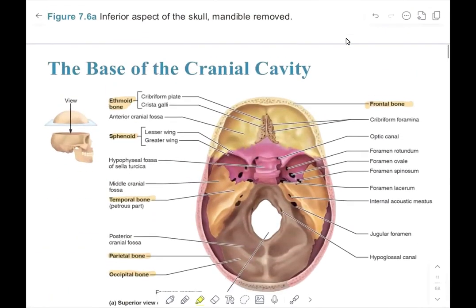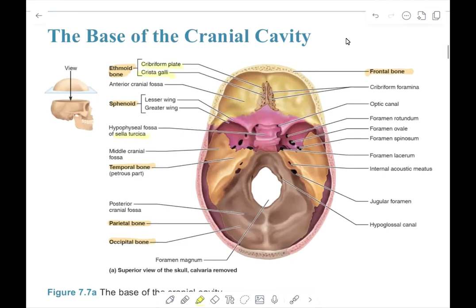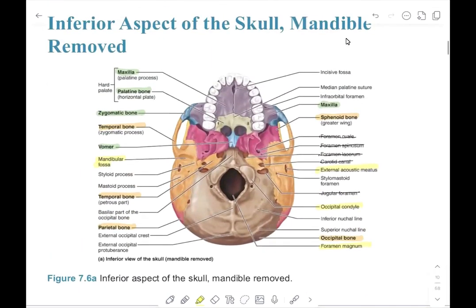Going back, just so I've highlighted the important ones that I could ask you, include the sella turcica, cribriform plate, and crista galli. On this inferior view of the skull, we have the zygomatic process, palatine process, styloid process, mastoid process, and external occipital protuberance.